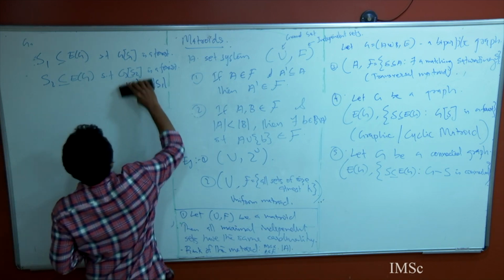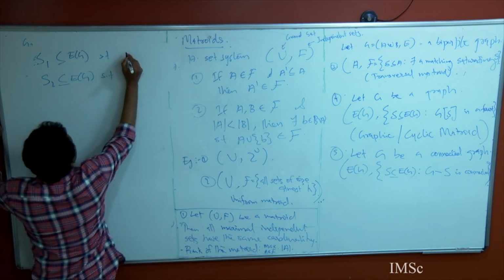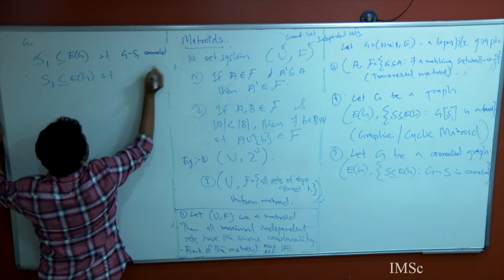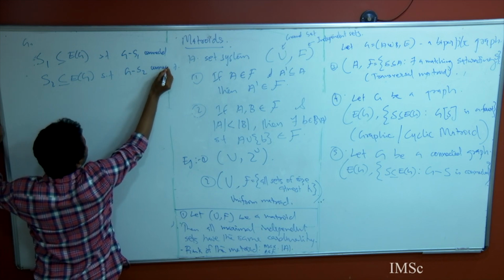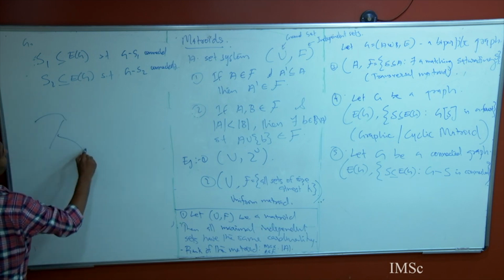So what is here? G minus S1 is connected, G minus S2 is connected. So G minus S is a graph, right?